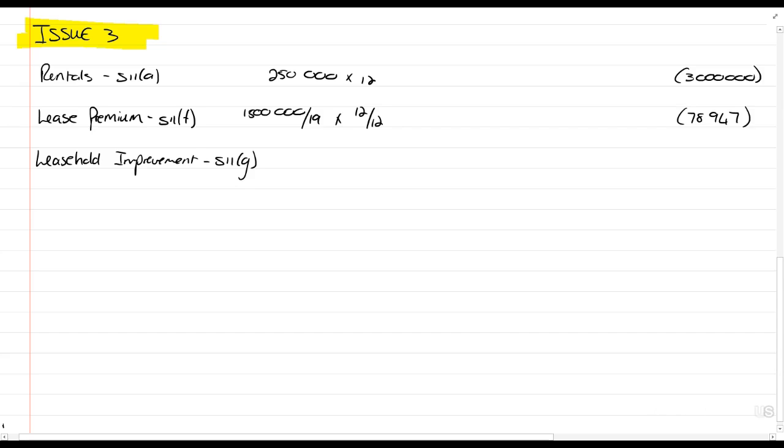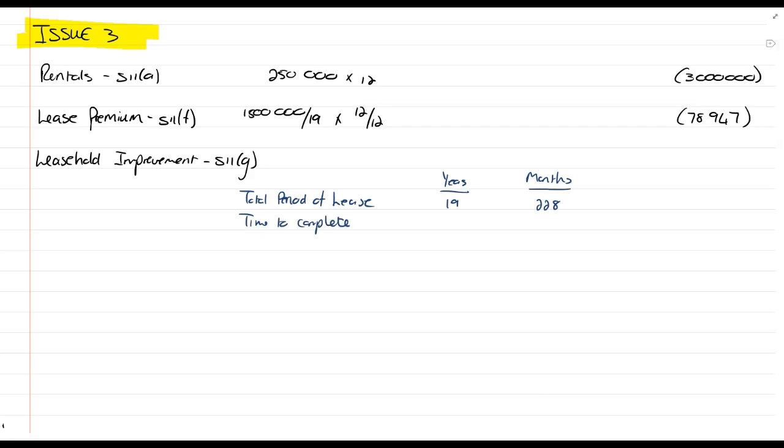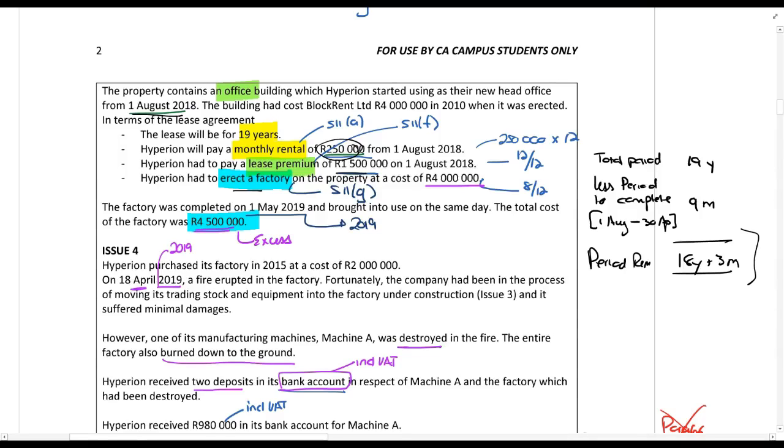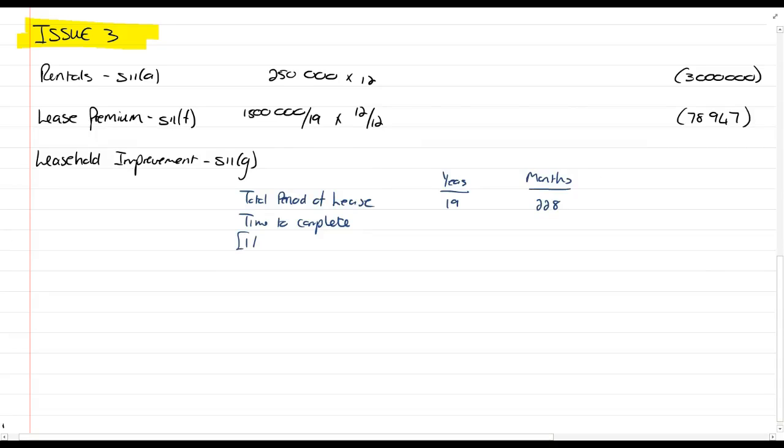Okay, so let's start it as follows. I'm just going to do it in a different color here. Total period of the lease. Years, months. 19 years times 12, 228 months. Remember, you can do any one of those. Time to complete. Now, remember, we started building this, we entered into this on the 1st of August, and it took until the 1st of May, so end of April.